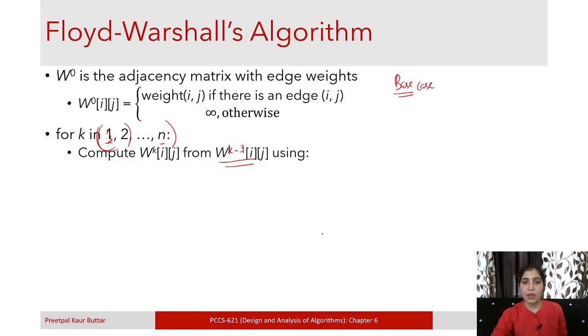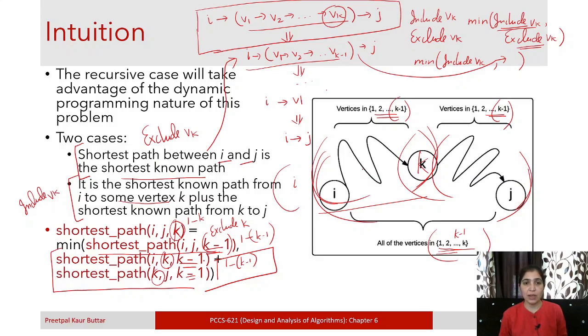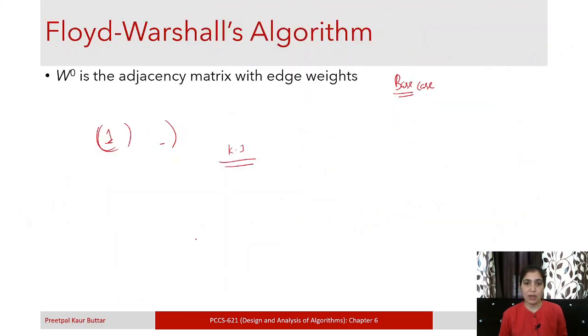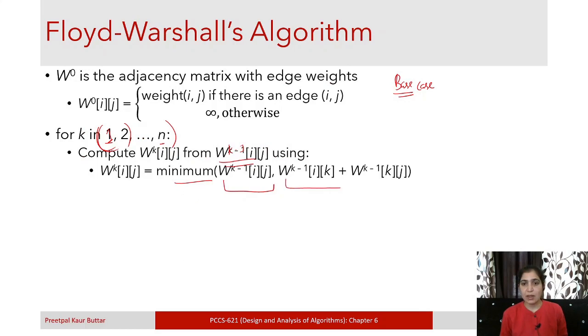Why? Because if you look at this equation, when you are solving it for k, you are always looking at the previous solution, that is k minus 1, k minus 1 here, k minus 1 here. Everywhere it is k minus 1. So you will solve for Wk by looking at Wk minus 1. How will you solve it? You will pick the minimum of the two cases: exclude k or include k.